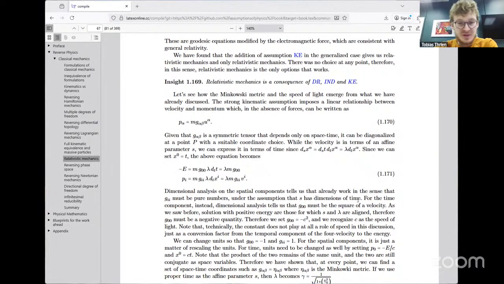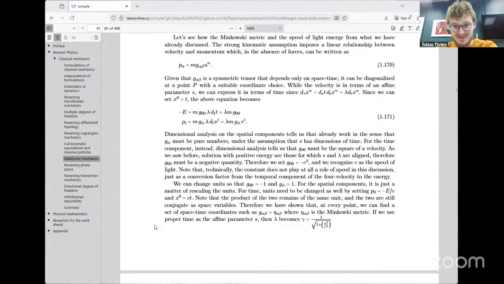Okay, we can change units so that g_00 is -1 and g_ii is +1. That is the only good choice of signature. For spatial components, it is just a matter of rescaling the units. For time, units need to be changed as well by setting p^0 to -E/c and x^0 to ct.